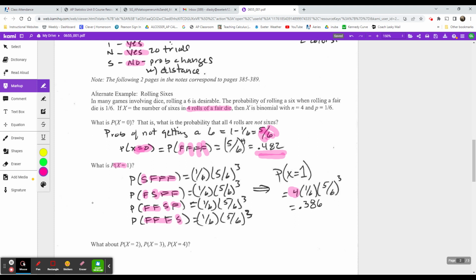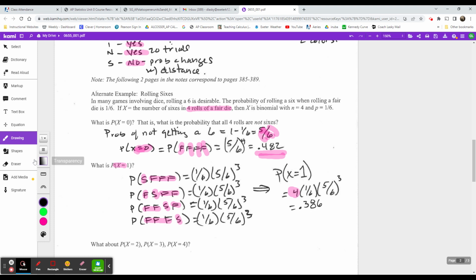So what I'd like to talk to you guys about here real quick is where the formula comes from that we're going to see next. And we talked about it a little bit in class. So we have n trials is 4. The number of successes is 1. The probability is 1/6. And 1 minus the probability is 5/6.